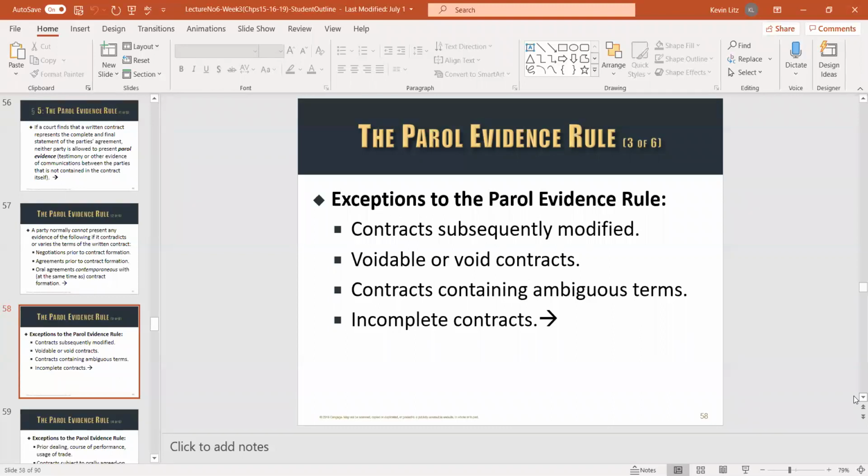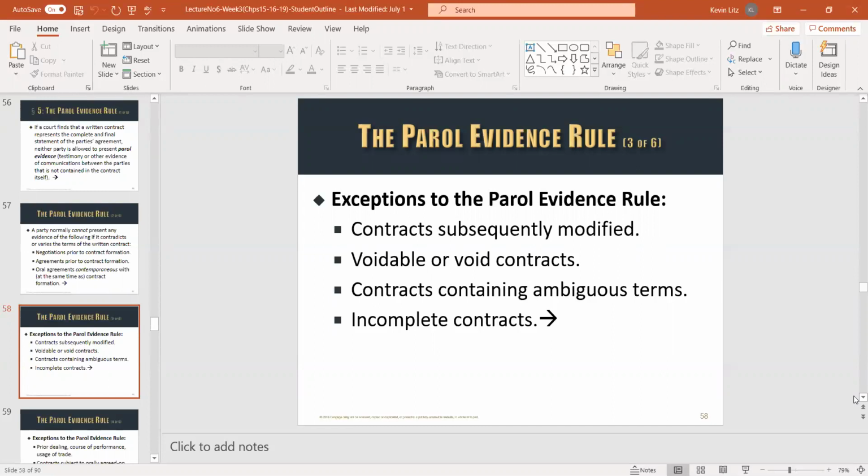So look at this. You can also look at parole evidence on voidable or void contracts. So for example, if in writing, I forced you to sell me your diamond ring for $5, if you're arguing that's voidable or void, then you can bring in evidence. Hey, I was in the nursing home, or he's my dad, or blah, blah, blah. In other words, the judge can look at something other than just a contract.